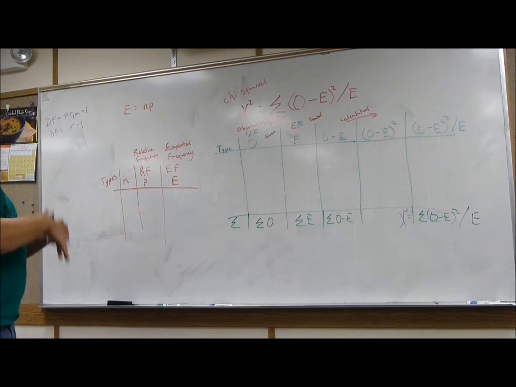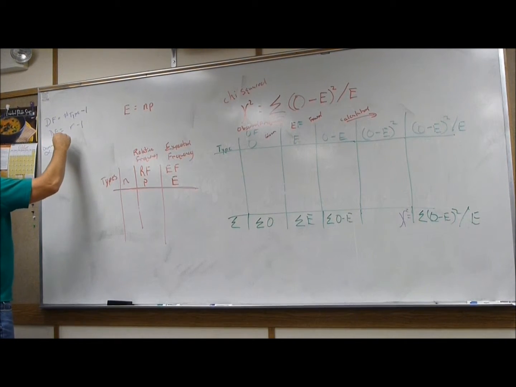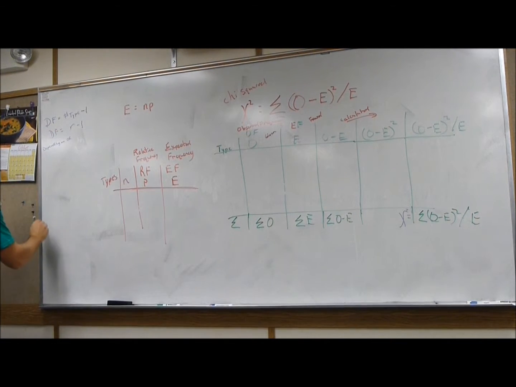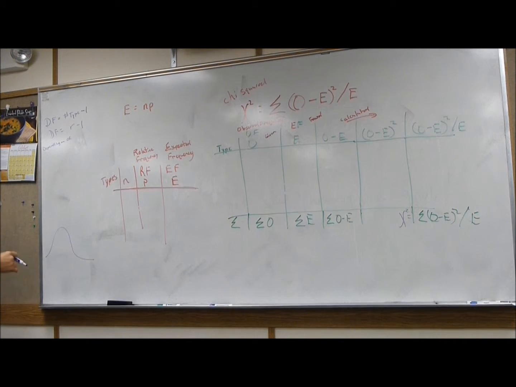From there, you can look up your chi-squared depending on what your alpha is. Depending on your alpha, it depends on where you're looking at this chi-squared chart.